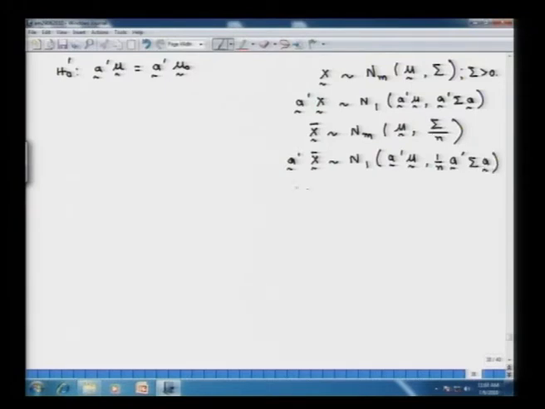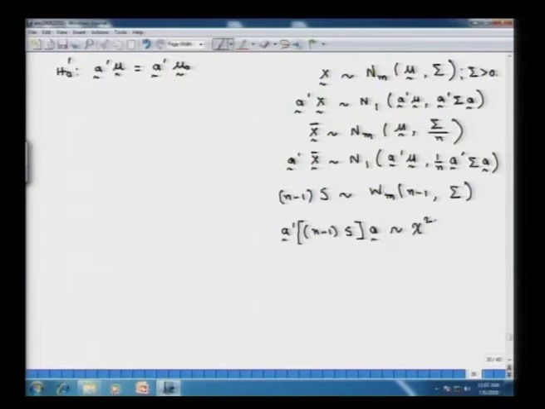Now, the matrix n minus 1 times S, where S is the sample variance covariance matrix, has got a Wishart distribution with n minus 1 degrees of freedom and matrix sigma. From the previous results, what we can say is that A prime n minus 1 S times A is going to follow a central chi-square.